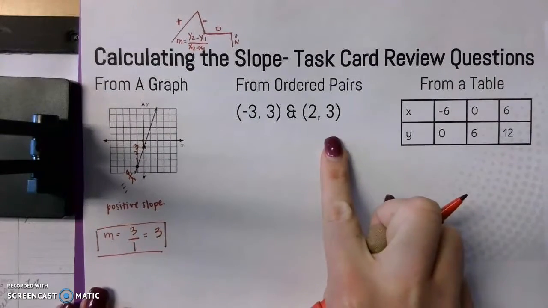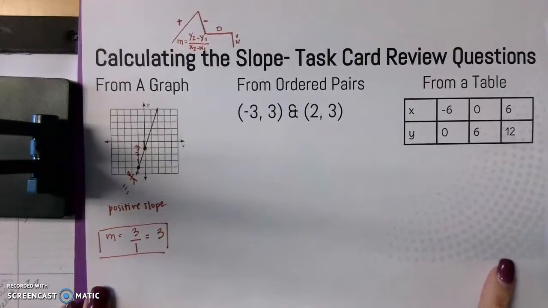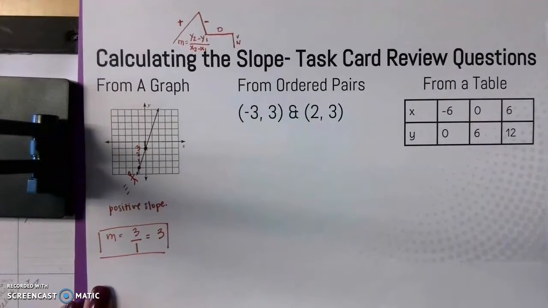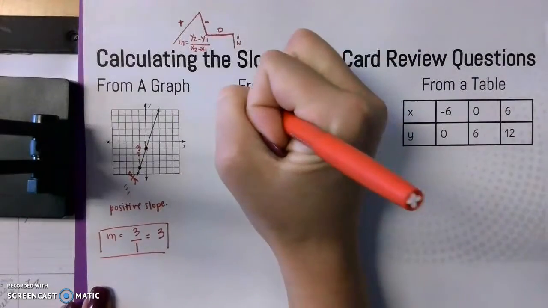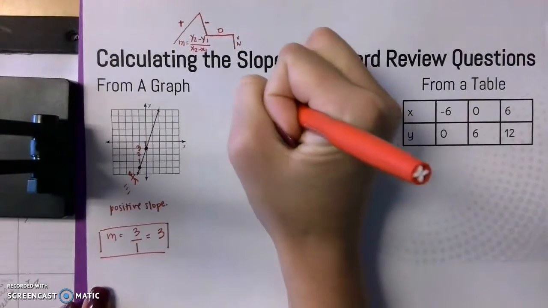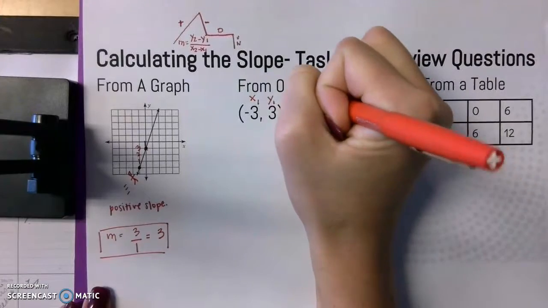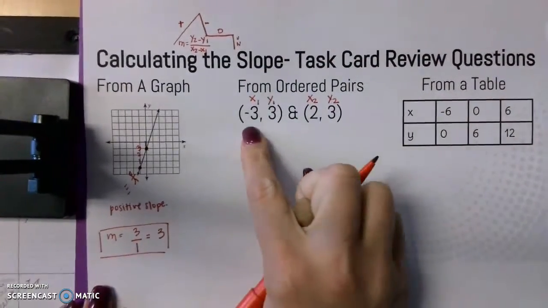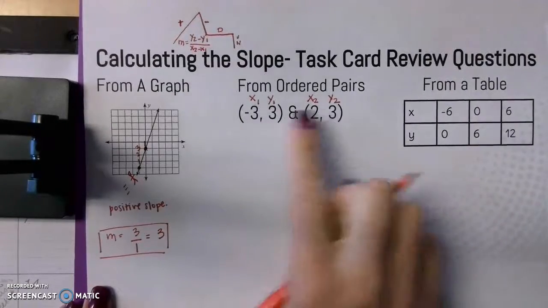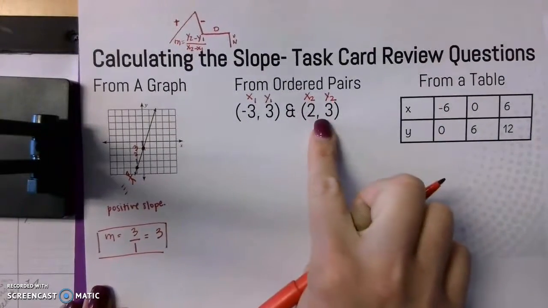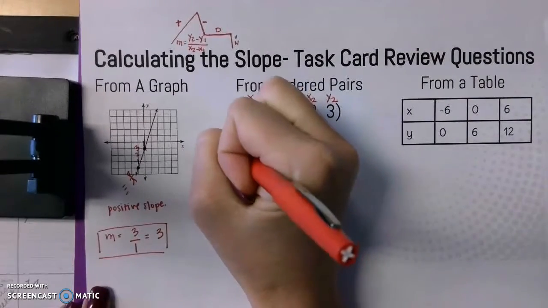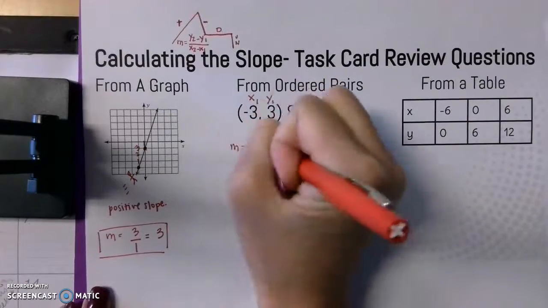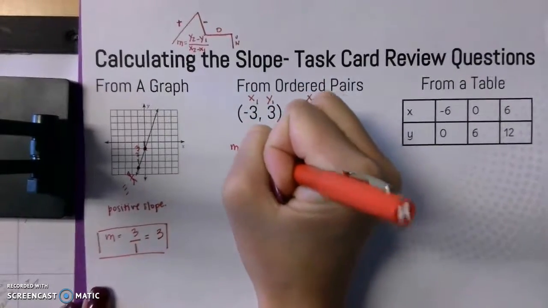Now from ordered pairs, I'm going to have a little bit more work. First thing that you want to do is copy down the ordered pairs onto your paper. You want to label it in this order: x1, y1, x2, y2. Ordered pairs always go x then y. This is my first pair, and this is my second. Then I'm going to write down my slope formula, which is y2 minus y1 over x2 minus x1.